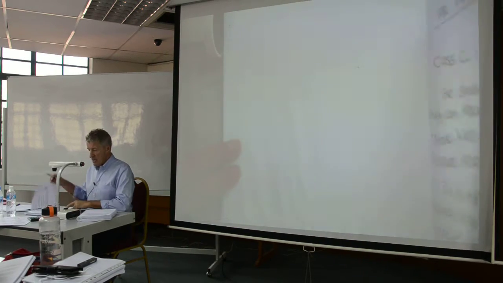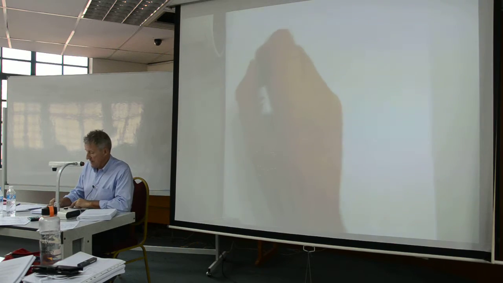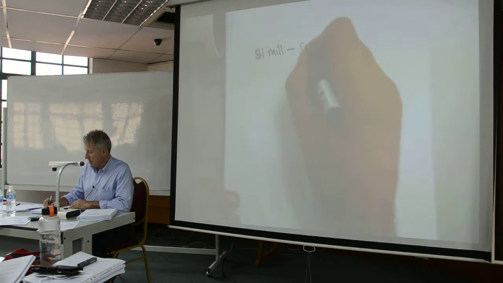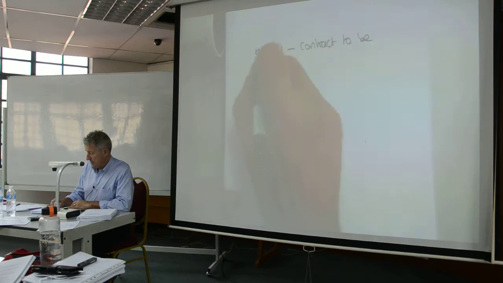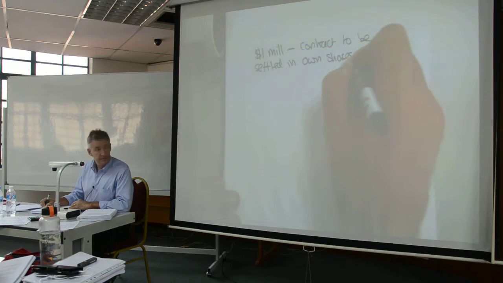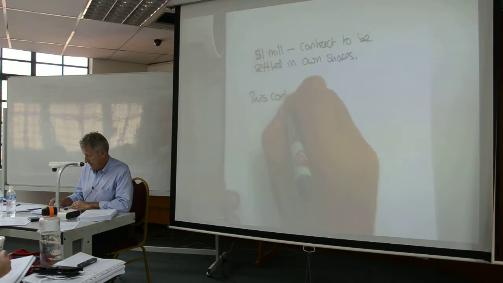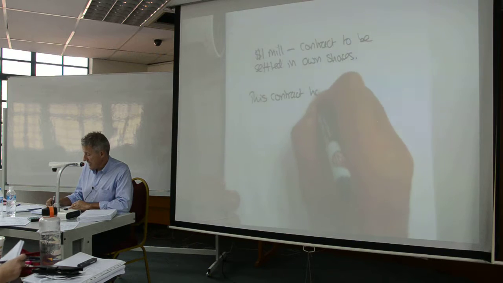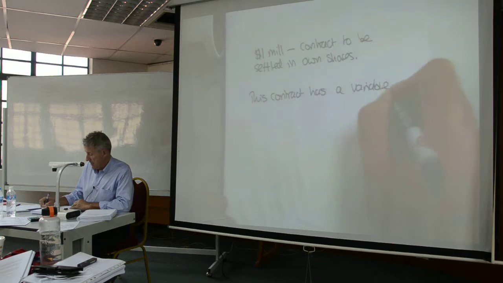So what we've got here for Wall is the 1 million. We can talk about the contract to be settled in own shares.